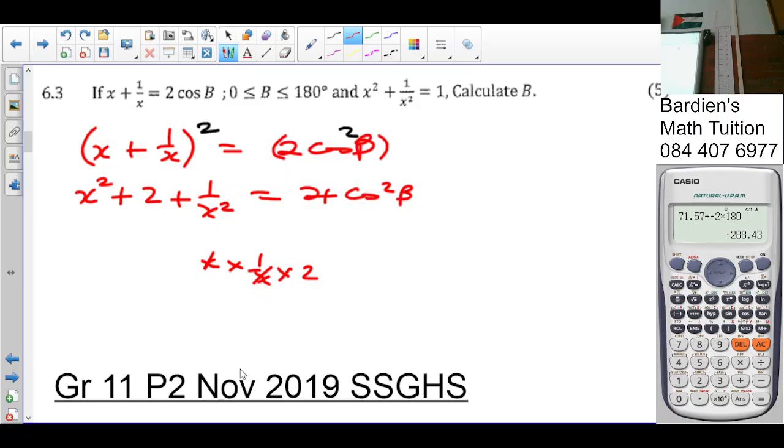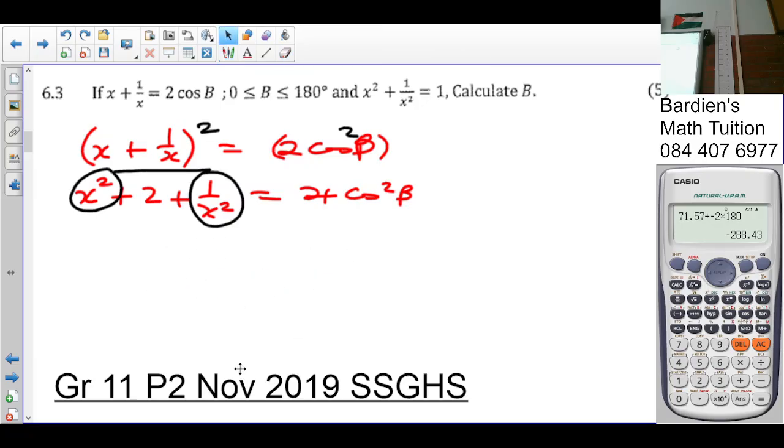Not so. Then, we know that x squared plus 1 over x squared is equal to what? That's equal to 1. So 1 plus 2 is? Well done, it's 3. 4 cos squared beta.